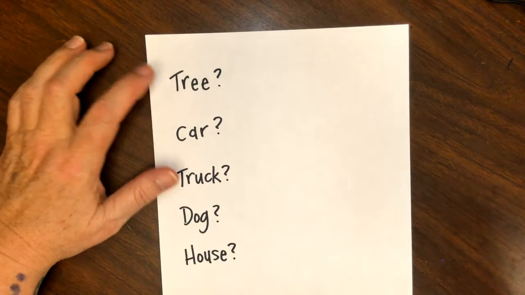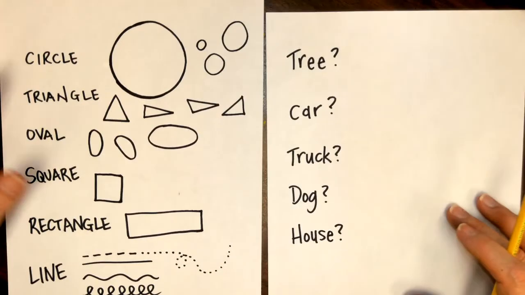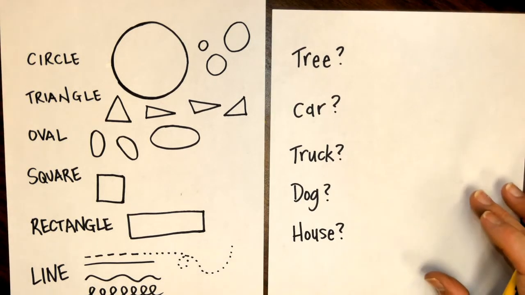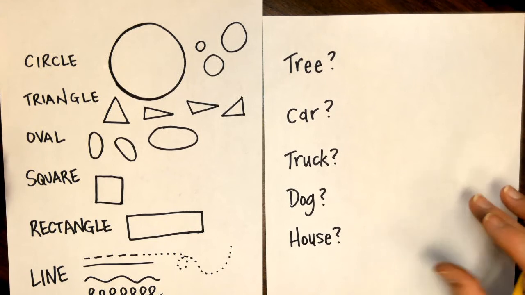How would you draw a tree using basic shapes? Don't forget, we got to pick out a shape, or 1 or 2 or 3. Sometimes it would be all 5. How would you use these shapes to draw a tree?